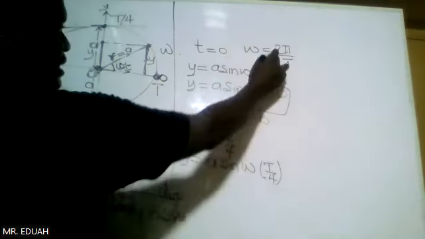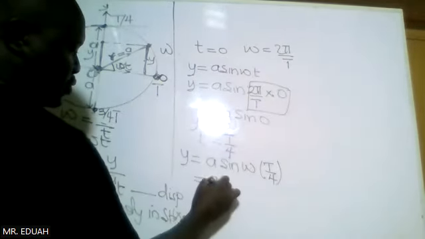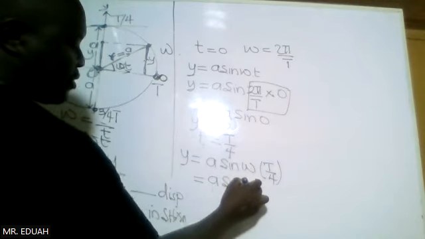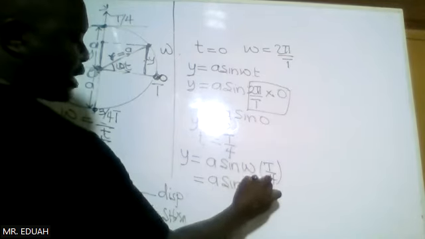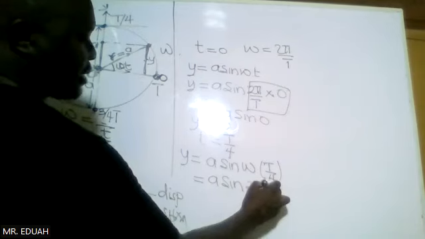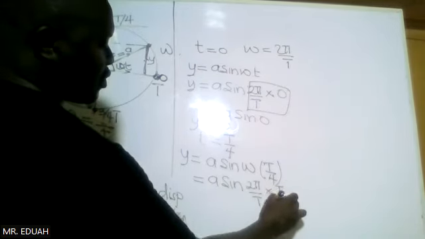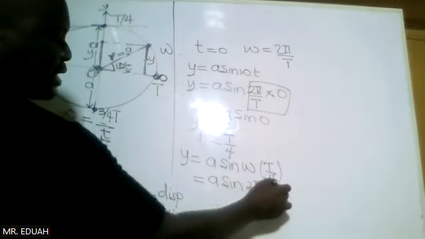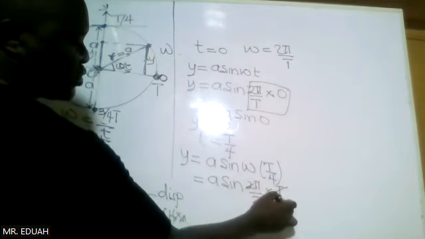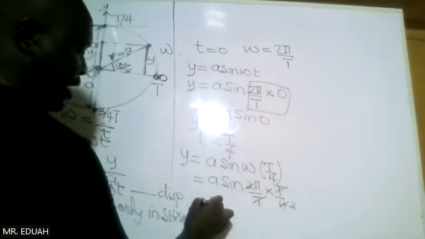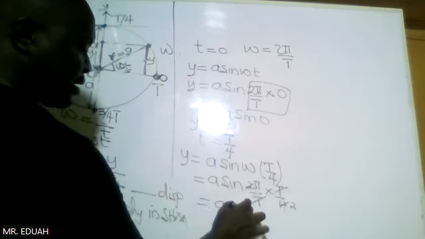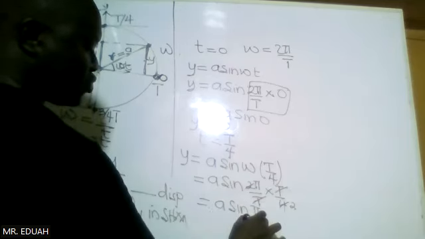Now, omega is this. So when we substitute that into it, we have sine 2 pi over period times T over 4. This and this, 2 goes into this 2. So we have a sine pi over 2.